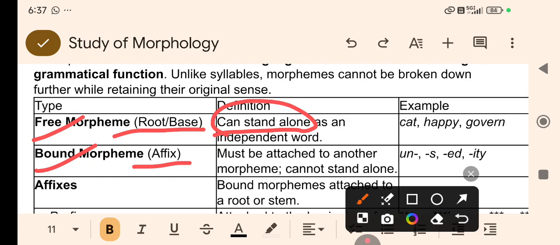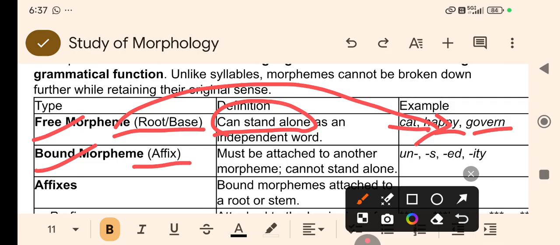Examples: cat, happy, govern. These root or base words can stand alone, so they are called free morphemes.